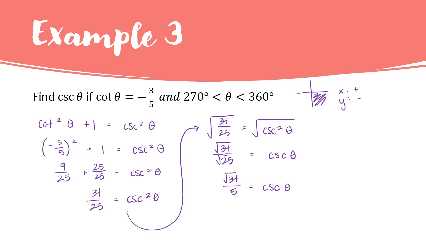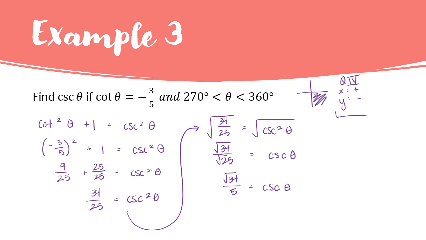So let's go back to our quadrant. Here in quadrant 4, again, we usually use Roman numerals when we talk about our quadrants, though you don't have to. Our y values are sine, our x values are cosine, but what about our cosecant? Where are our cosecant values? Well, remember that cosecant is the reciprocal of sine.